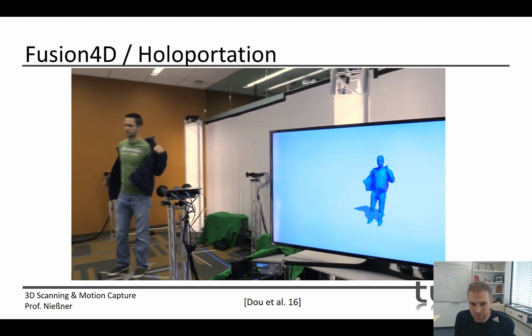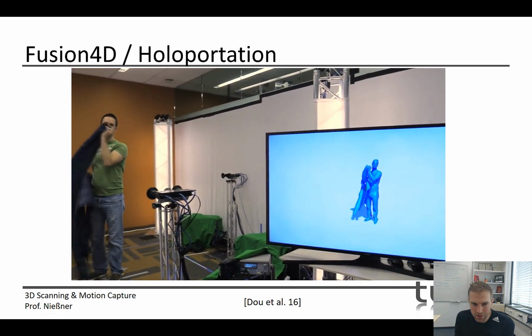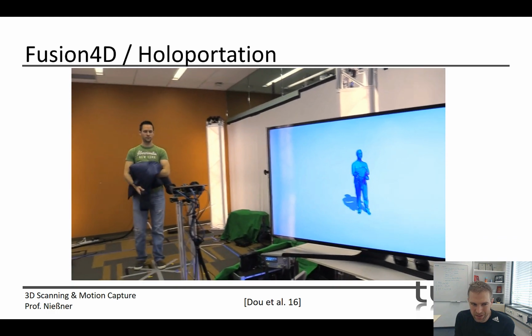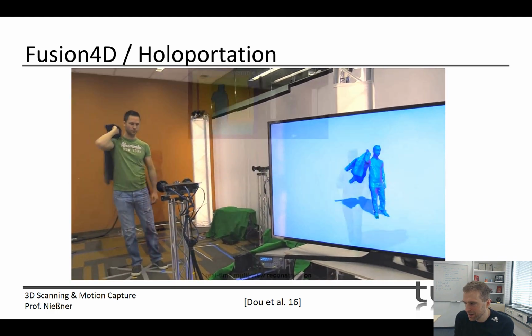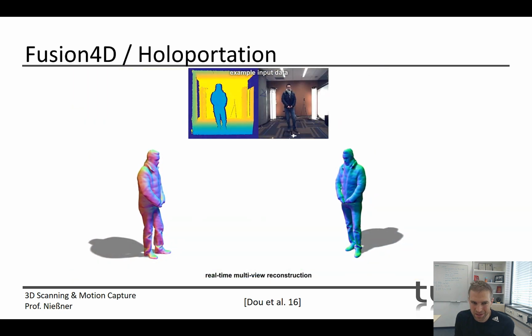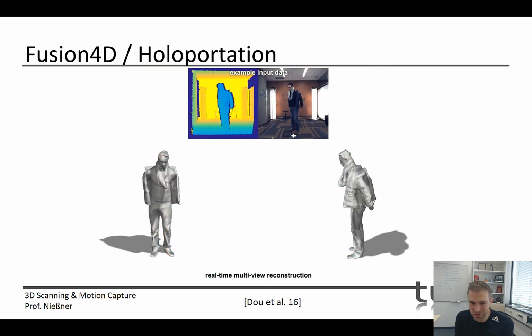Yeah, I think this is a very impressive sequence because that's basically doing a topology change on the jacket. So this is something none of the previous methods could handle. They have a couple of nice ways to detect these things, and then they just split the surfaces there accordingly.